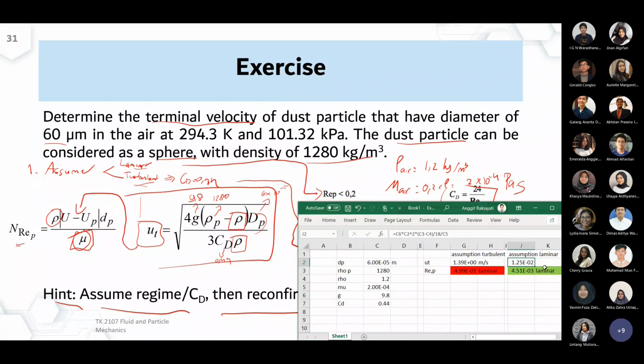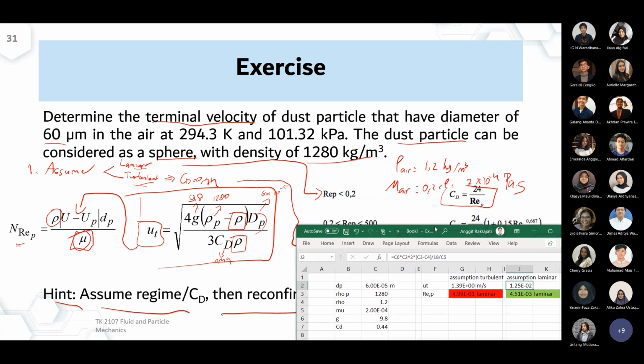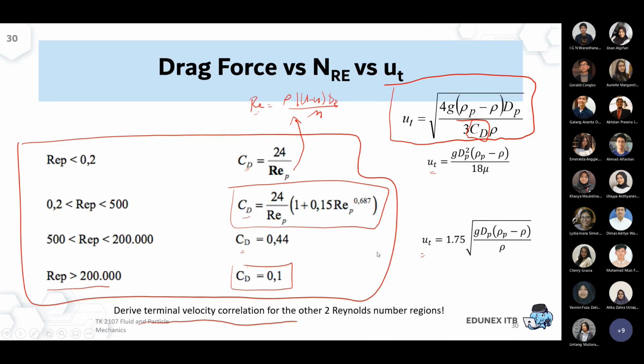Okay, do you see the Excel at the right bottom of the screen? Yes, sir. Okay, so this is the assumption. If you assume it's turbulent, then you simply use the correlation of UT in the previous slide.